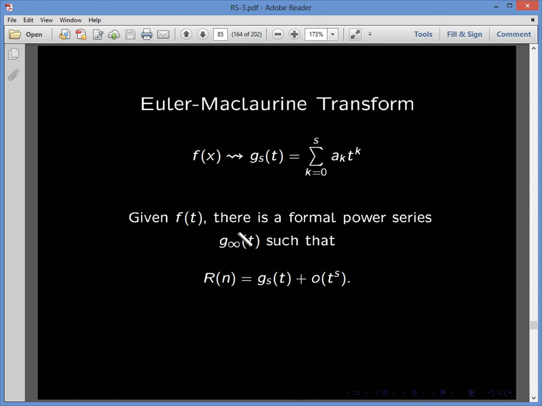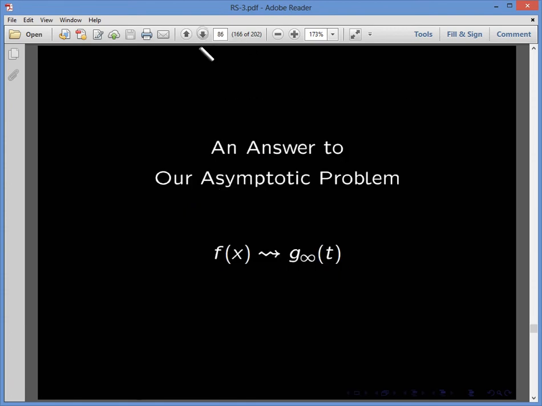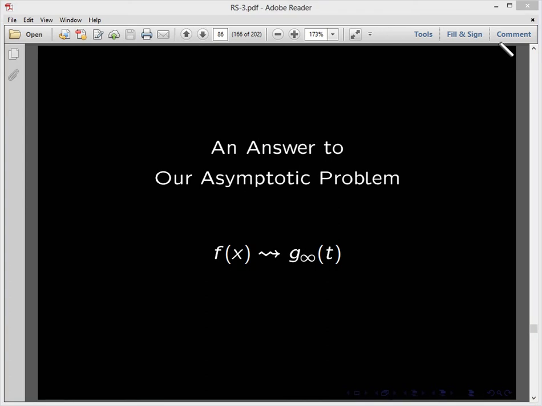Here I summarize it: given f of t, there's a formal power series. I'm going to call that g infinity of t, if you just extend that and look at it as a formal power series. And the meaning of that formal power series, or application of it, is this asymptotic formula. Emphasizing again, the series may not converge, but it is a formal power series.